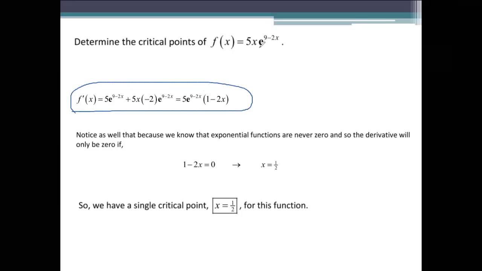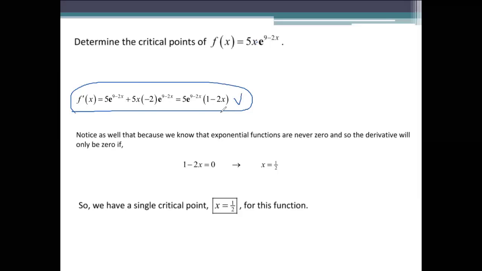This is a product of two functions, a multiplication, of course. When we compute the derivative, we have 5 e^(9 minus 2x) plus 5x times minus 2 e to the power of 9 minus 2x. When we factorize it, we get the following.